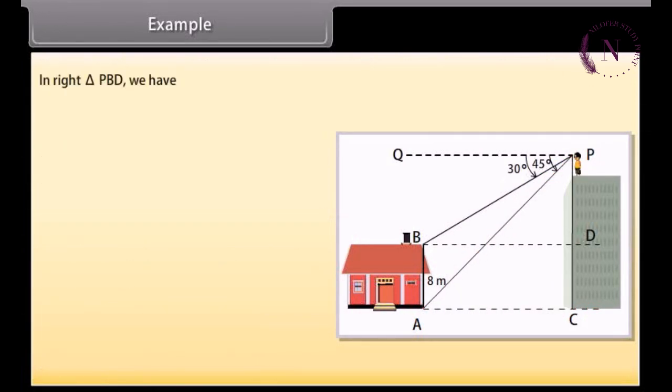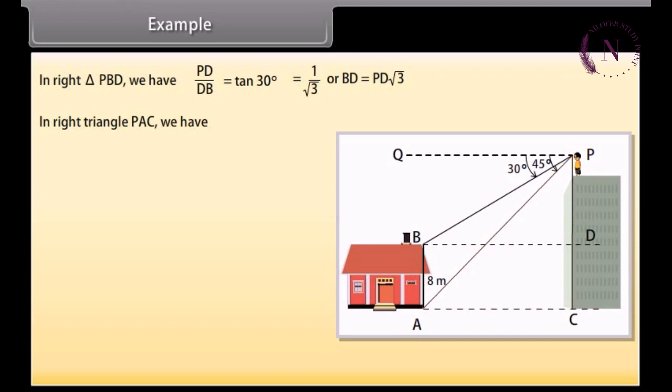In the right triangle PBD, we have PD upon DB equals tan 30 degrees, which is equal to 1 upon square root 3, or BD is equal to PD square root 3. In right triangle PAC, we have PC upon AC equals tan 45 degrees is equal to 1.